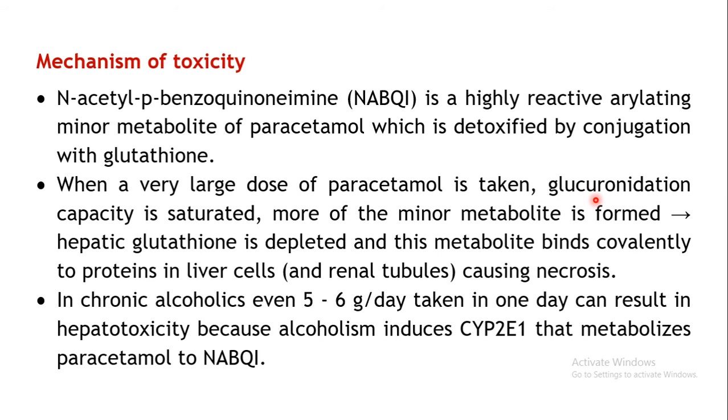So whatever paracetamol is there will start getting diverted towards the minor metabolite pathway, which is normally an insignificant pathway of metabolism. With larger doses, glucuronide conjugation gets saturated, so more and more paracetamol is diverted towards formation of more and more NABQI.